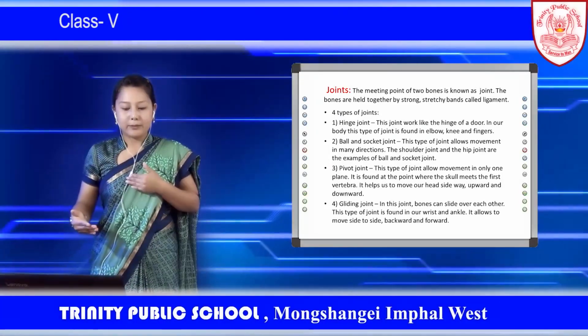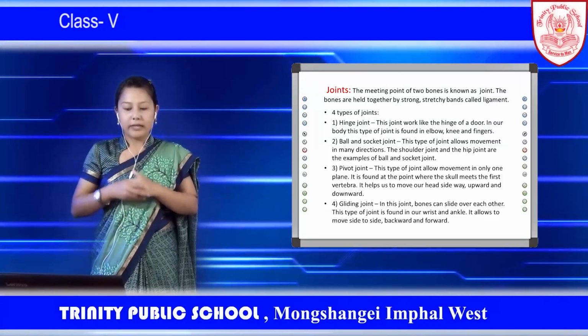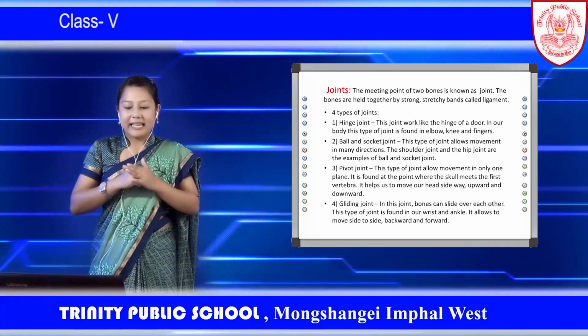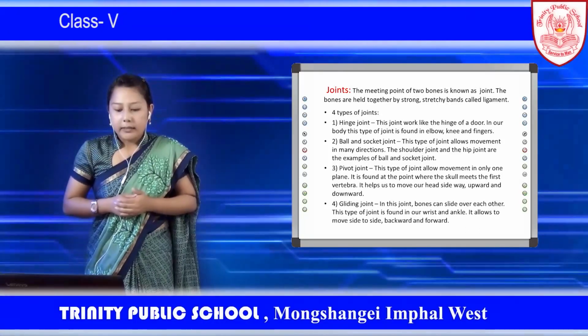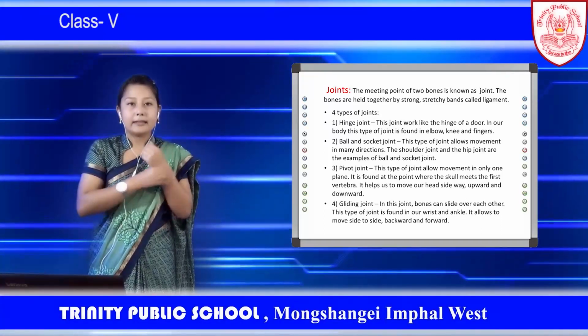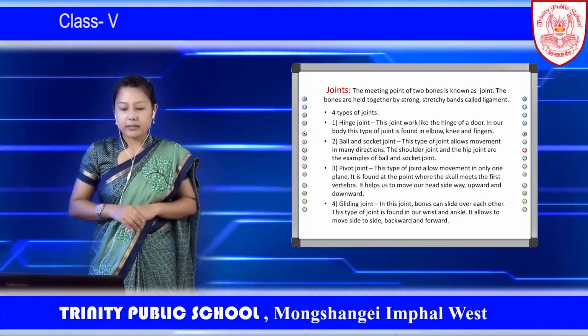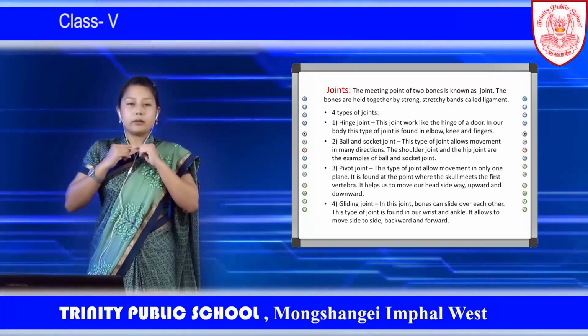And next, the last joint is the gliding joint. In these joints, bones can slide over each other like this. This type of joint is found in our wrist and ankle. This allows movement side to side, that means backward, forward.